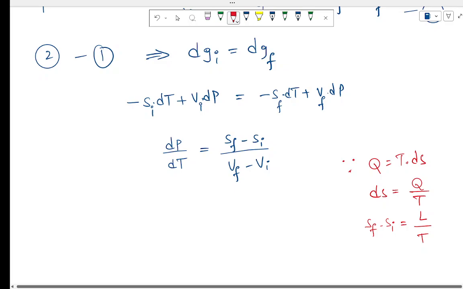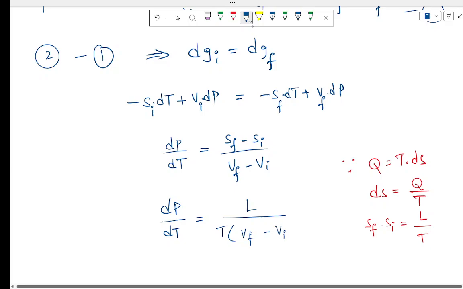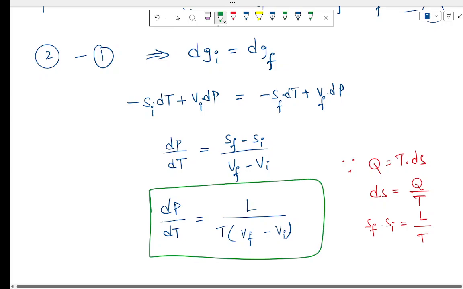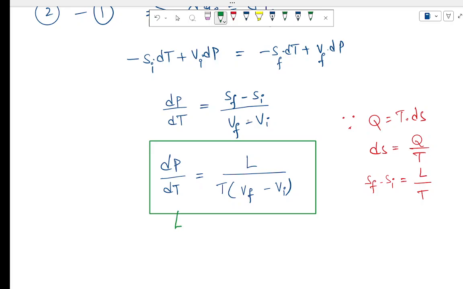So in place of sf minus si, I can substitute this L by T here, so that my dP by dT will now become L by T into Vf minus Vi.